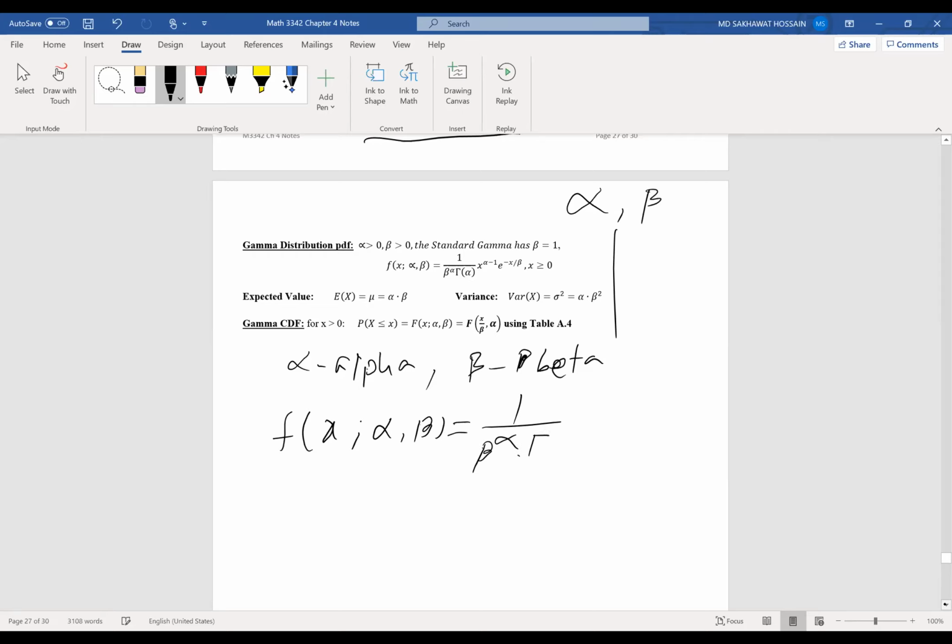times gamma of alpha. This notation is called gamma notation. It is also related to factorial notation, if you know about factorial. How many of you know this notation, gamma? What is the value of gamma 3?